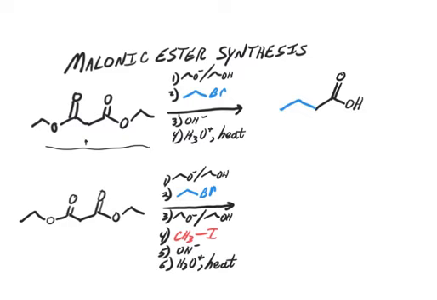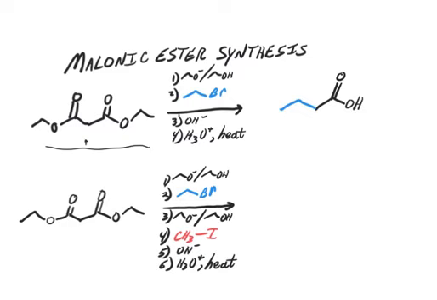So this is a single alkylation reaction. We're doing one alkylation. The next sequence shown is a double alkylation reaction. So the first one is going to be the same. We're going to do the ethylation, and then we're going to treat it with base again, and we're going to do a methylation with methyl iodide.